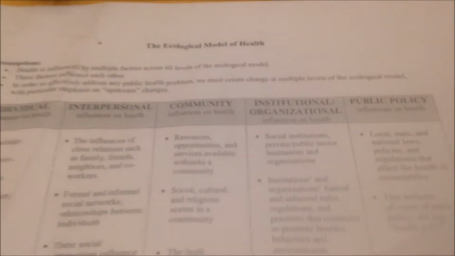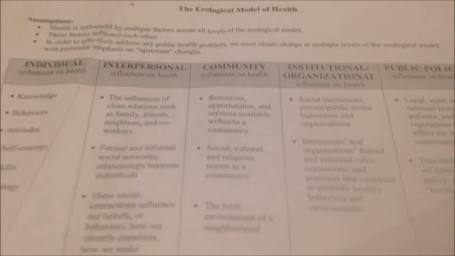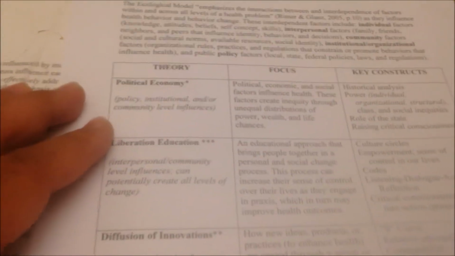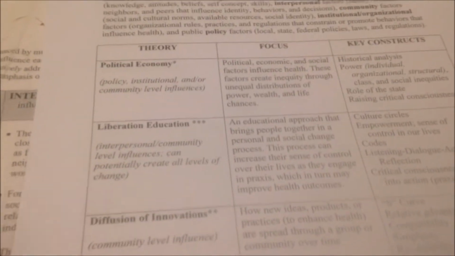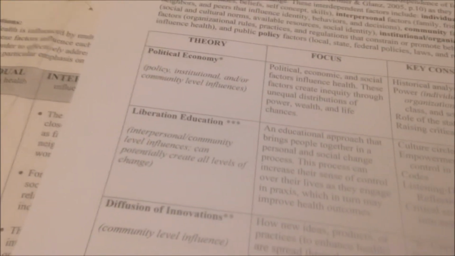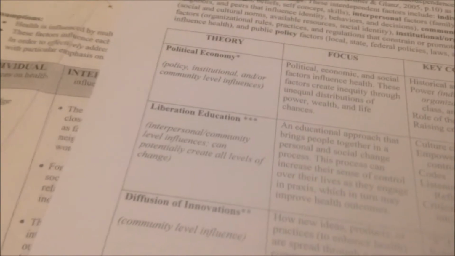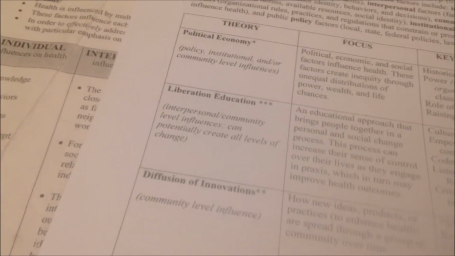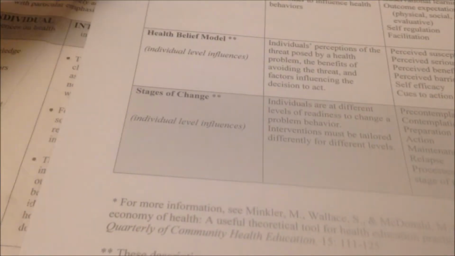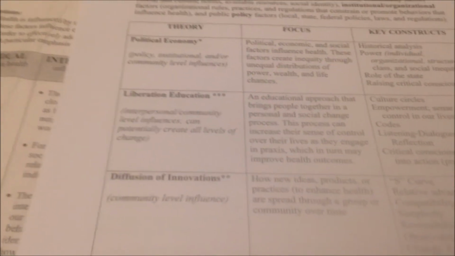So it was a very interesting thing to understand this, but then to figure out what would be the best way to address it with your theory. So our 20-page paper was, we have to choose a population that's having issues, and then figure out what policy or what theory would be best to help that problem be addressed.